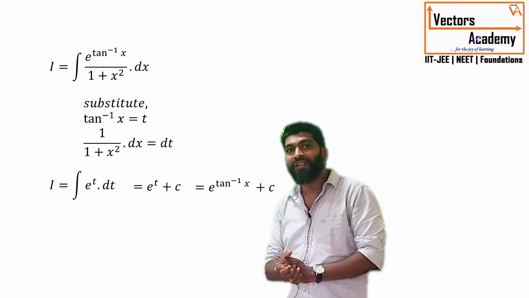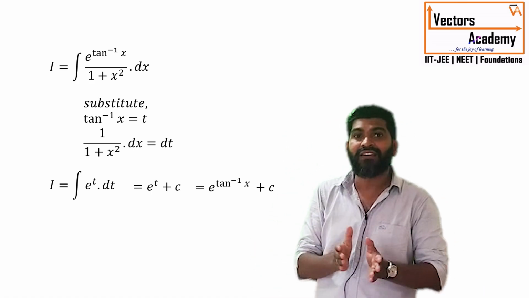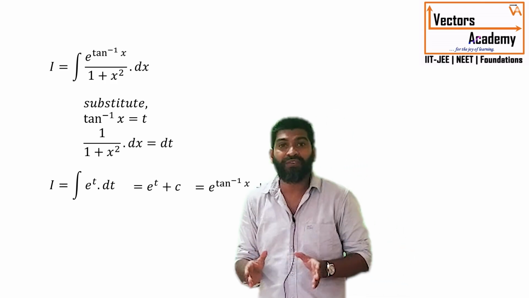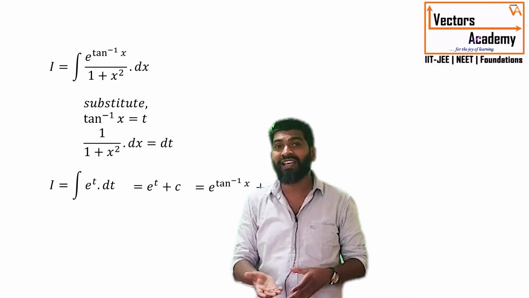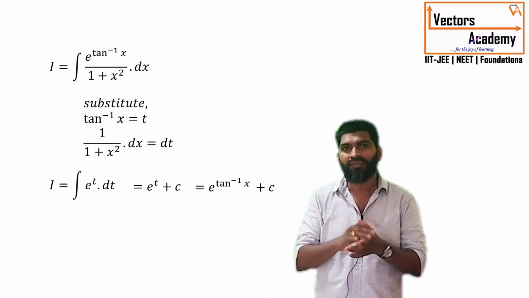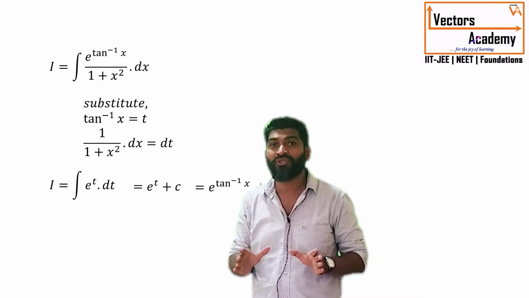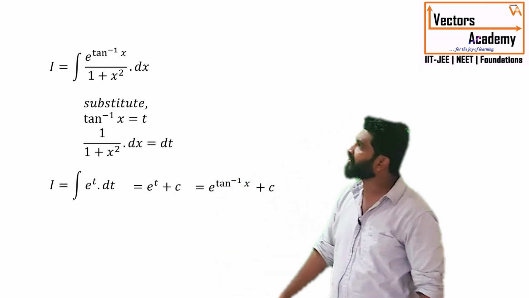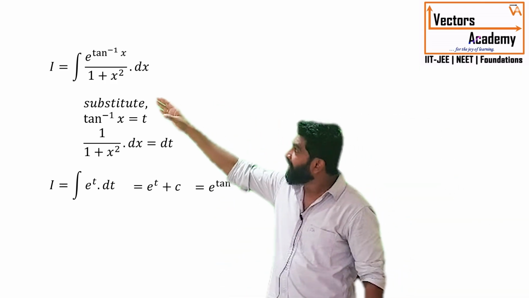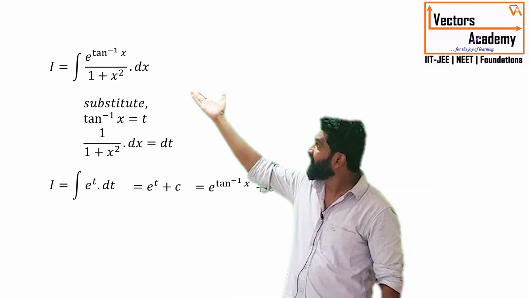So it's quite simple. Now it is not always that we need to find a composite function to substitute. There are certain cases where you need to look at the numerator and the denominator to find out whether we need substitution or not. For example, let's look at this question. We have integration in such a form.